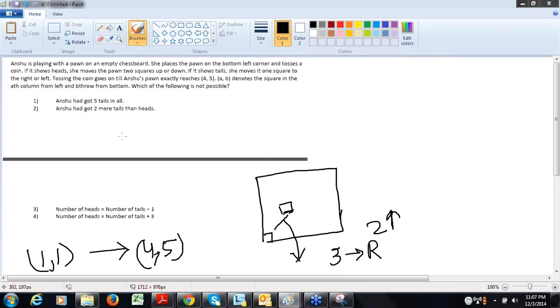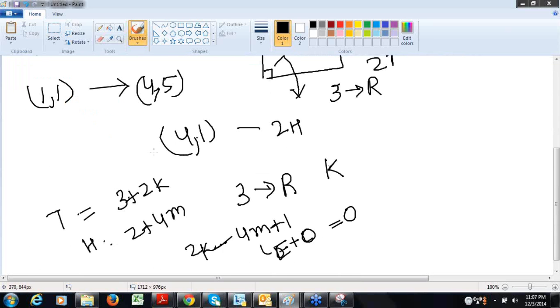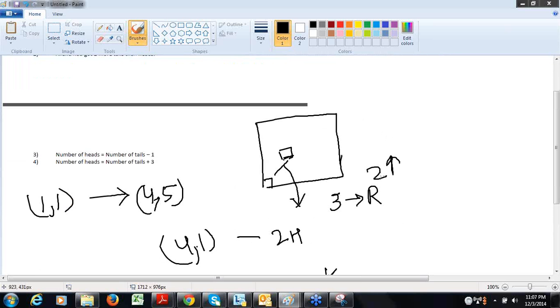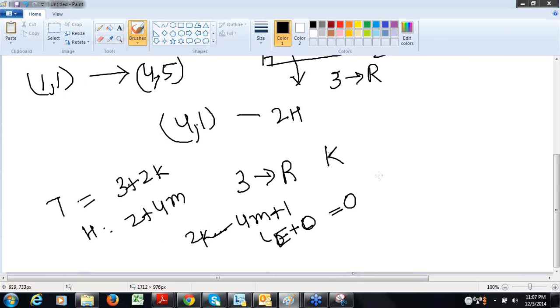So only option number 2 is left. So we'll go ahead and mark option number 2. See, the best possible way for solving this question is you need to draw a diagram of a chessboard and just solve this question, what has been given, and eliminate each and every option.